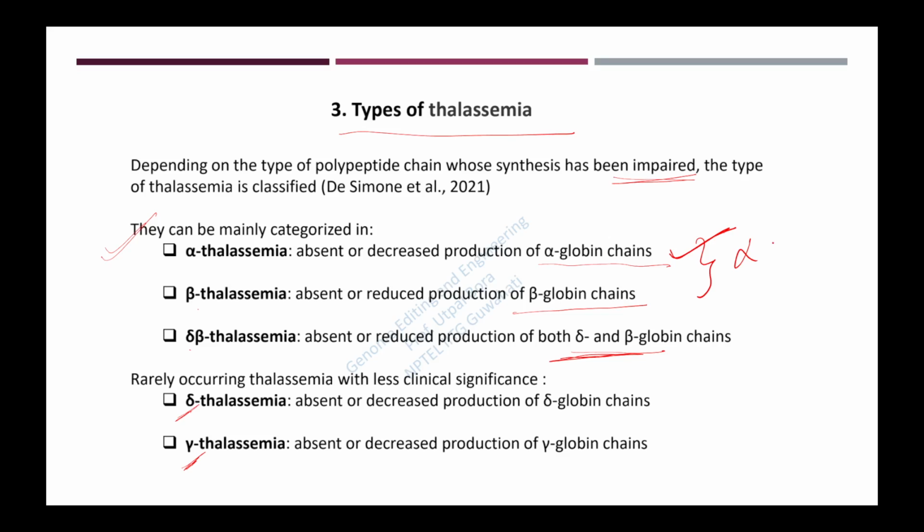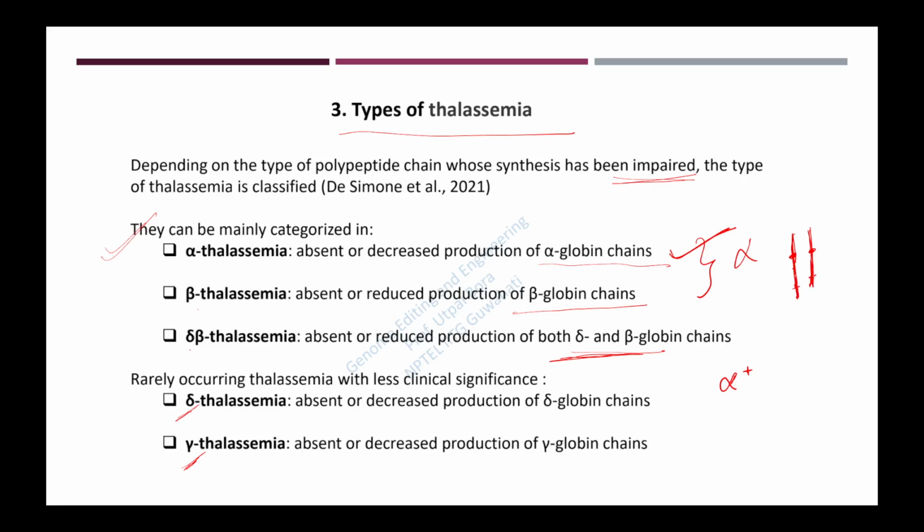In the case of alpha thalassemia also, we have different types. For example, as we are diploid organisms, we have two homologous chromosomes, so we have two alleles.